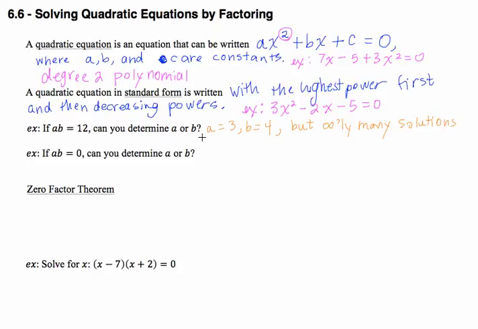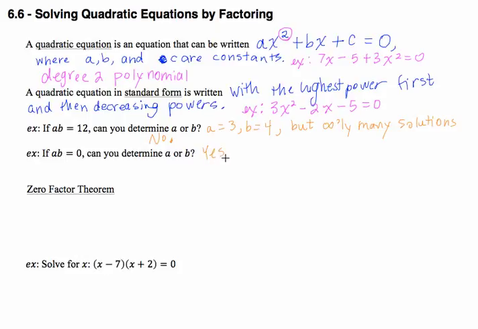However, if you have the same thing but it's equal to 0, so if you have a times b equals 0, then is it possible to determine what a or b could be? And here the answer is yes. Up here the answer is actually no. But the answer is yes here, because a product can only equal 0 if one of the factors is equal to 0.